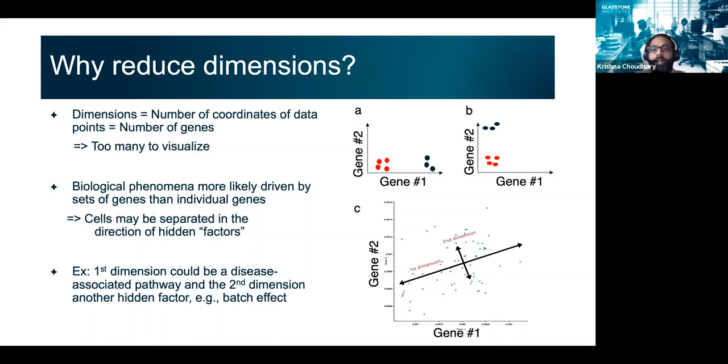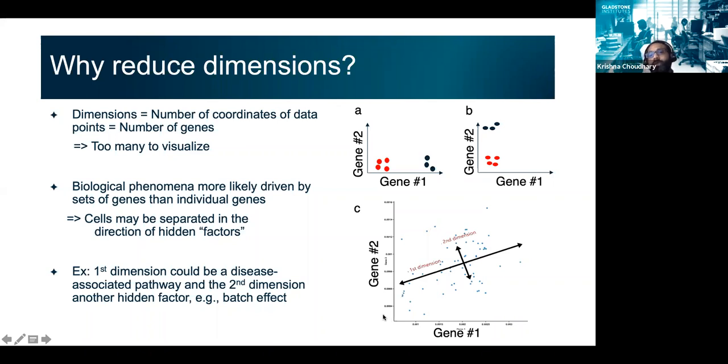There is some biological phenomenon which associates a bunch of genes together, and that biological subsystem of our overall cells is perturbed in the presence of disease or whatever else we may be studying. So in that case, what we will see is that our cells are spread or stretched out in a composite direction of multiple genes, not just any one gene, but many genes.